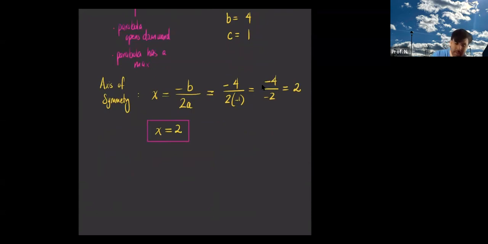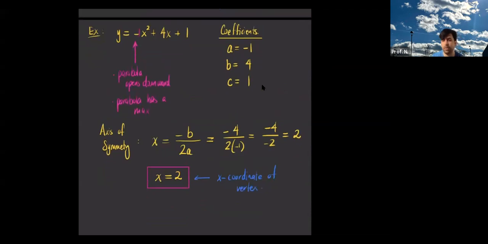But not only that, remember what I just said? This represents the x-coordinate of the vertex. So how do you find the y-coordinate if you know the x-coordinate? I know my equation, right, is negative x squared plus 4x plus 1. So now to find the y-coordinate, I must plug it in. y equals negative 2 squared plus 4 times 2 plus 1.